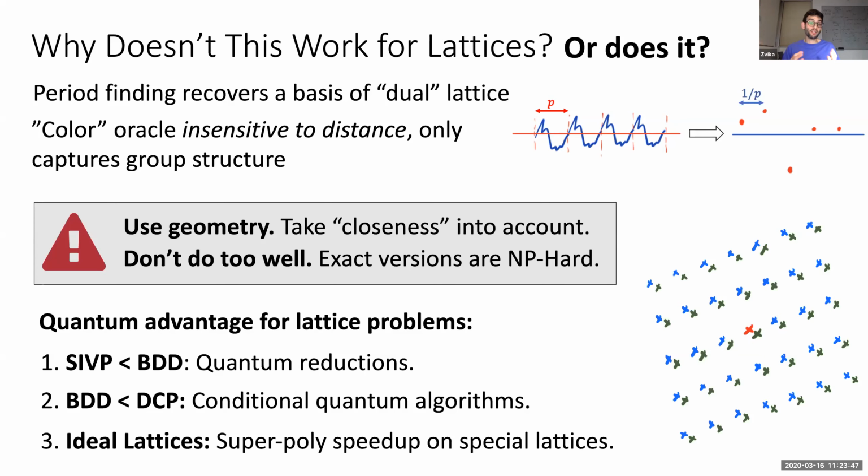It's possible to show that this problem is connected to lattice problems. In fact, if we can get slightly less trivial algorithms than the ones currently known, then this will lead to quantum advantage for lattice problems, even in the general setting.